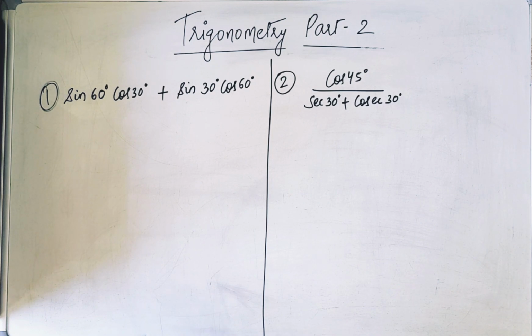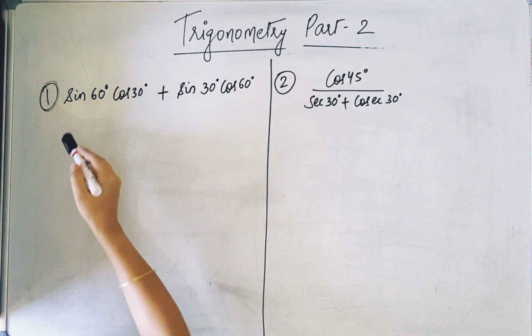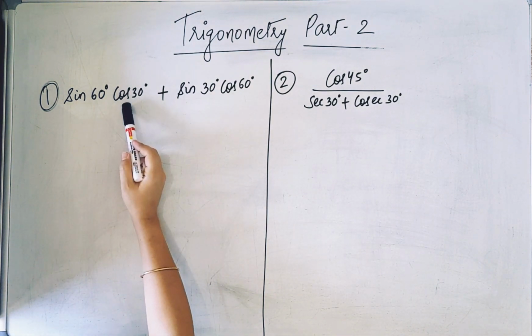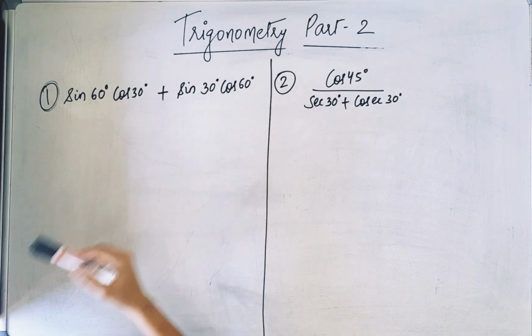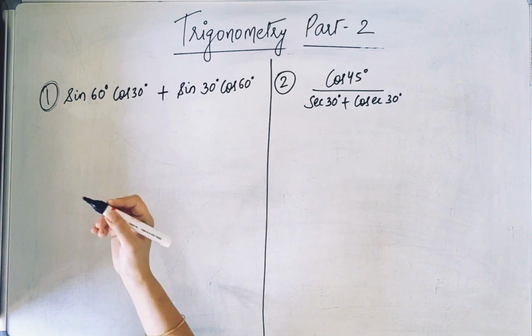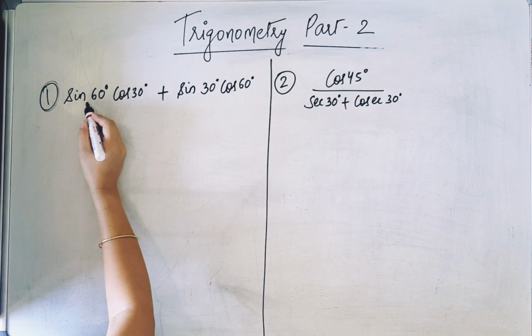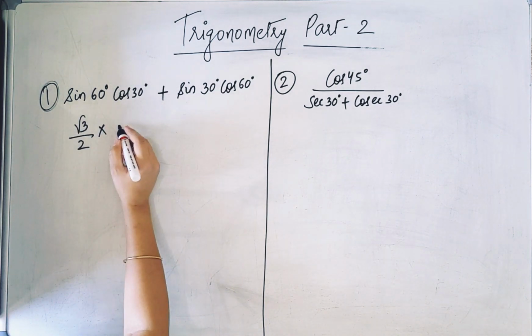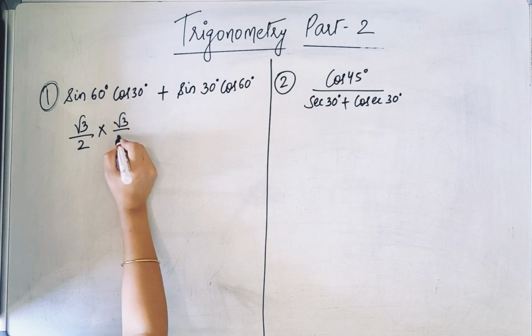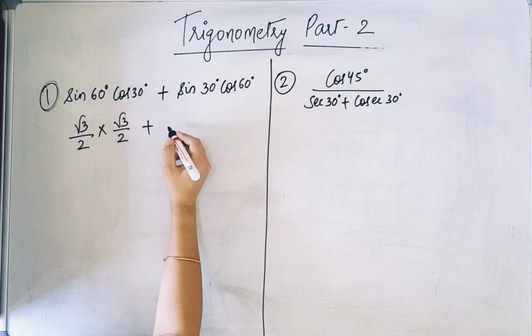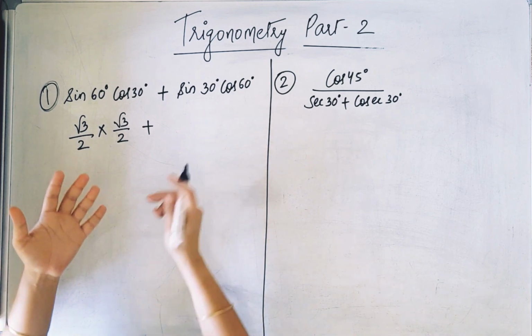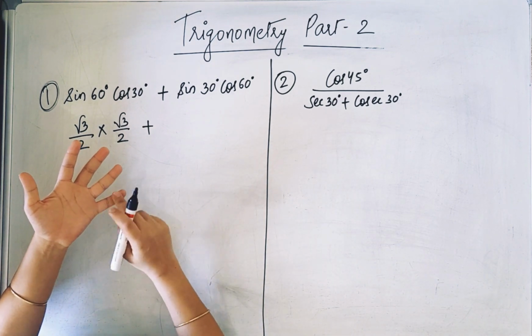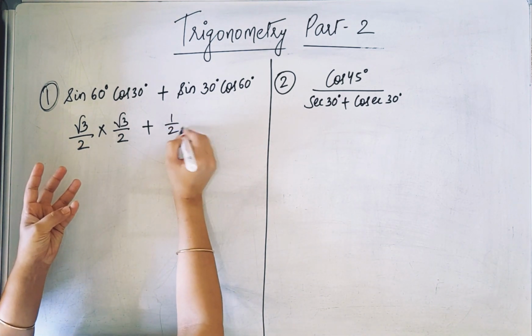So now the question is: evaluate sin 60 cos 30 plus sin 30 cos 60. We'll put the values. What was sin 60? √3/2. Cos 30 is also √3/2. Sin 30 we can directly calculate: 0, 1, and 30 was here, so there is 1 finger below, so obviously 1/2.